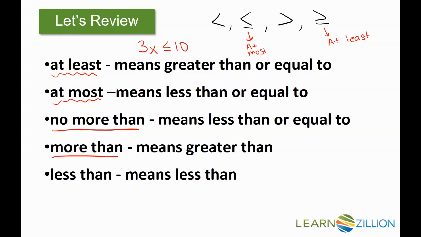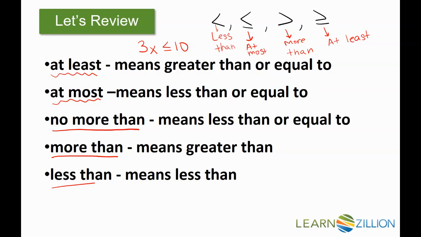More than is pretty straightforward. That's greater than. So this is more. Oh, that was a weird line. Let me fix that for you. And less than means less than. Okay.